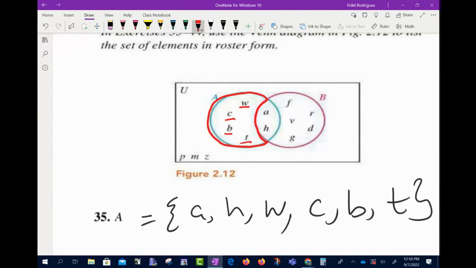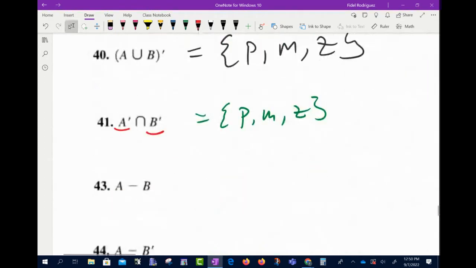Does that make sense? Those letters are in A, but they're not in B. So for this part right here, I'm going to pick W, B, C, and T.